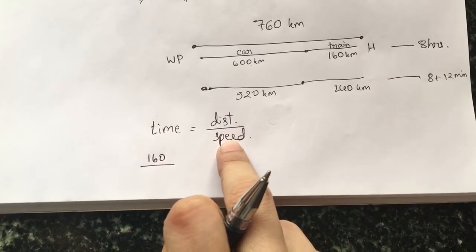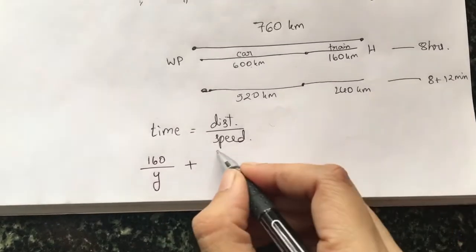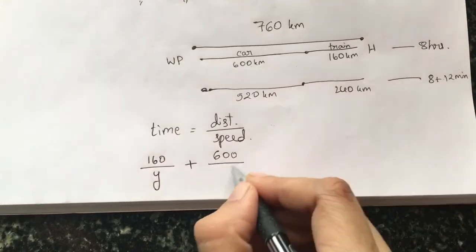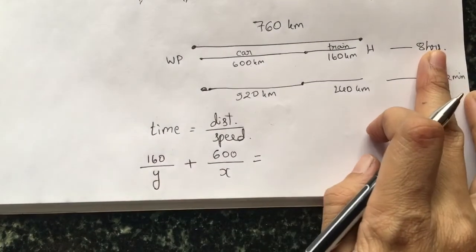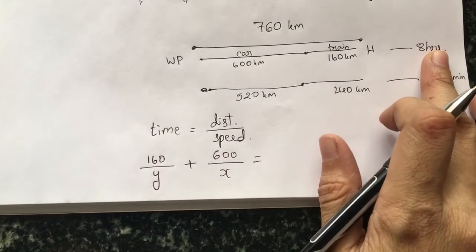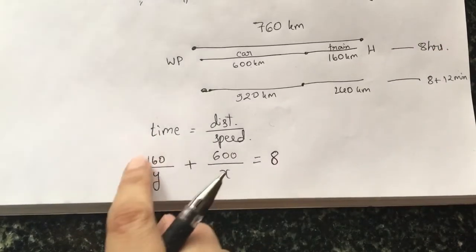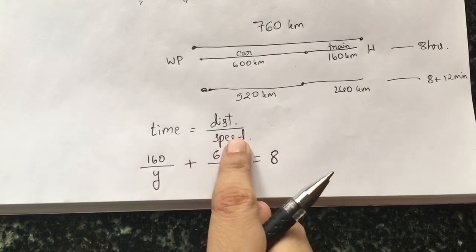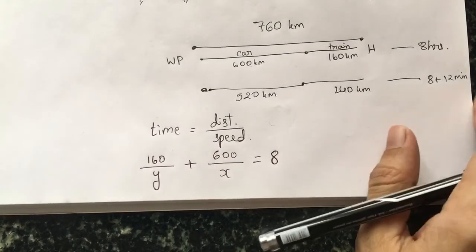Speed of the train is y. And 600 kilometers is going by car, so the speed of the car is x, and this is equal to 8 hours. This is also in terms of time, so together he needs 8 hours to reach home.